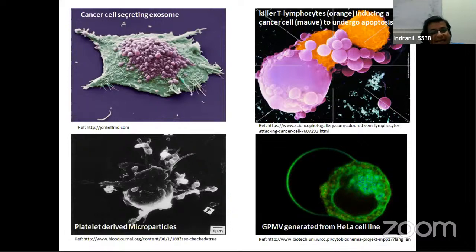By communicating through these exosomes, cancer cells send very important signals to the neighbor cells and make the microenvironment hospitable for future growth. So that's one use of these exosomes in the natural pathobiology of cancer.